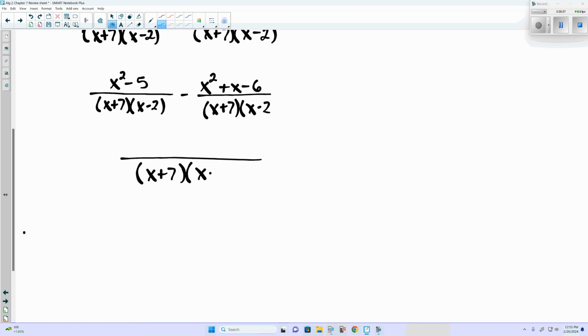Now, since the denominators are the same, x plus 7 and x minus 2, we can subtract the numerators. Since we're subtracting more than one term on top, it's going to be good to put both numerators in parentheses, because we have to make sure that we distribute the negative correctly.